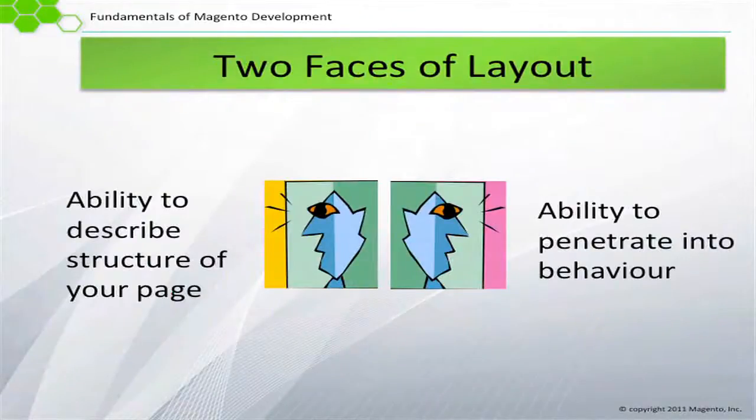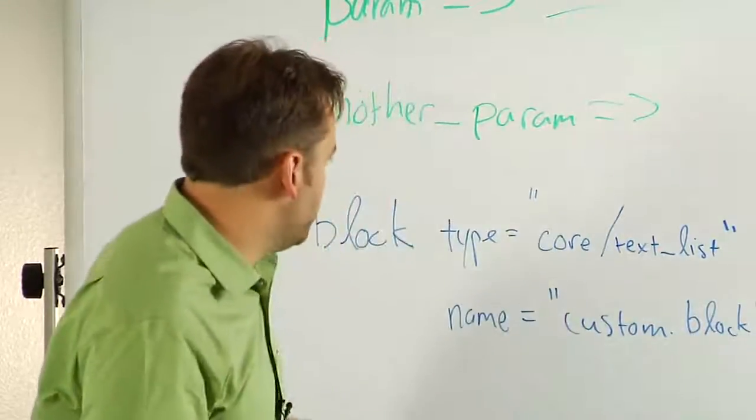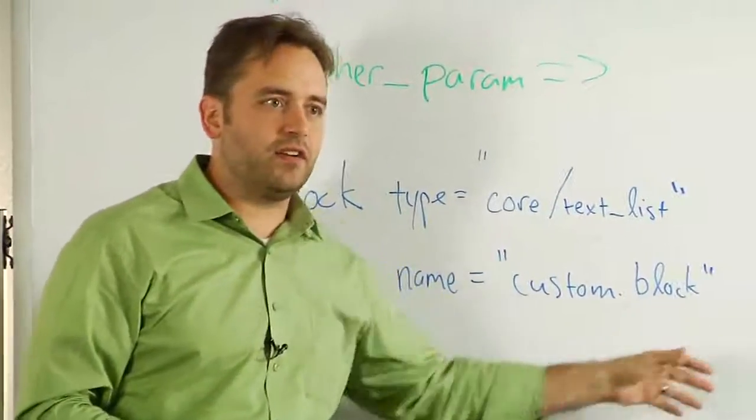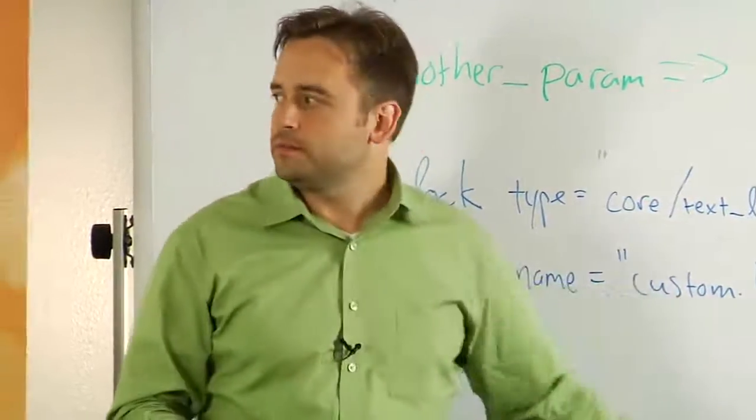All right, well, when you're thinking about layout XML, just understand that it has two facets. On the one hand, it describes the structure of your page. So, for example, you'll have a block, and then maybe you'll have blocks inside there, and you can start to understand the hierarchy.